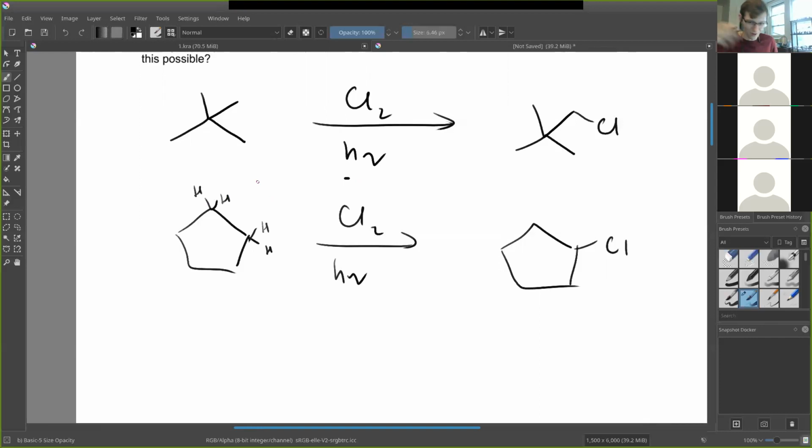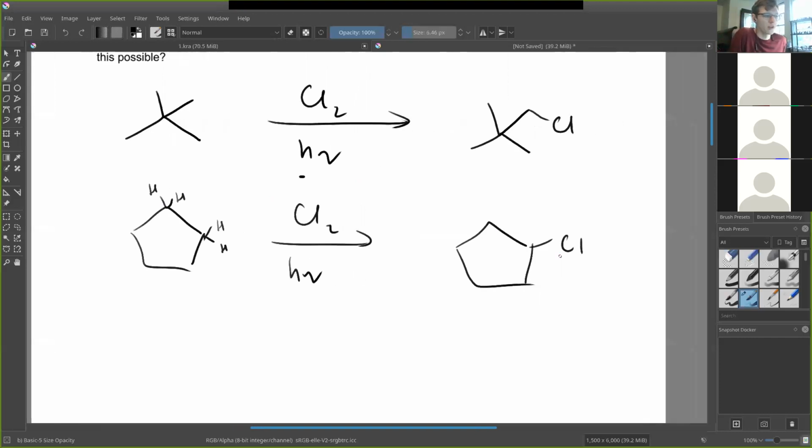Wherever we put that chlorine, we can just twist the molecule or flip it upside down, and we can always draw it to be in this position. So physically they're not the same, but more or less they're in the same positions as far as we're concerned.